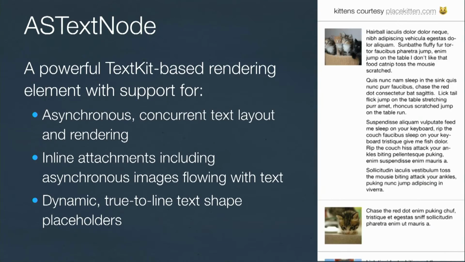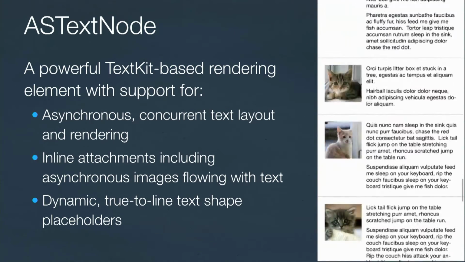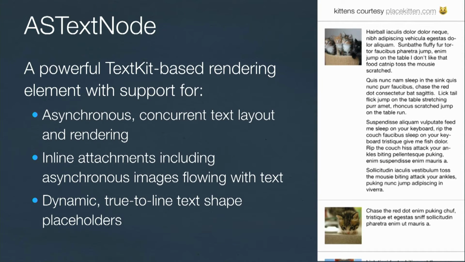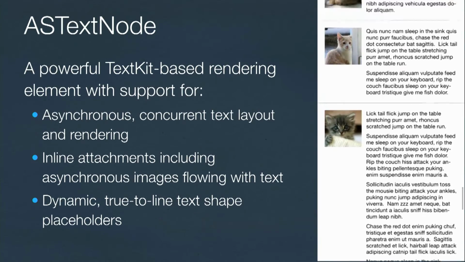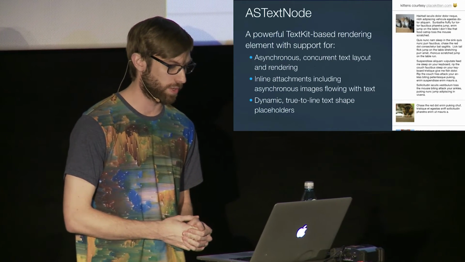So let's look at some of the components that you can directly use. ASTextNode is based on TextKit and has a bunch of really cool features like flowing subnodes inline so that you can have asynchronously rendered images that your text actually wraps around and still support asynchronous layout and asynchronous rendering.